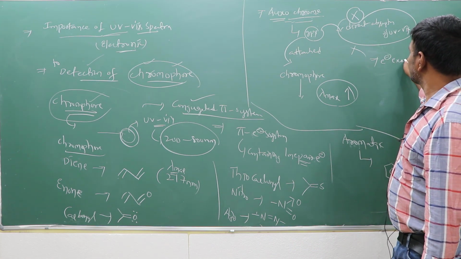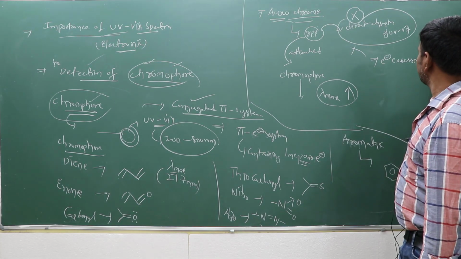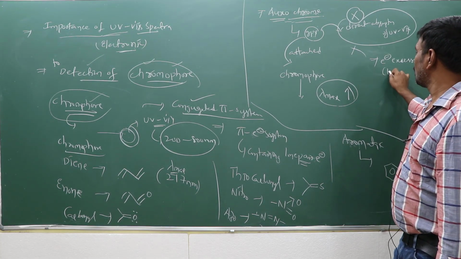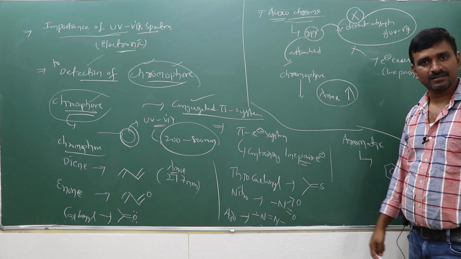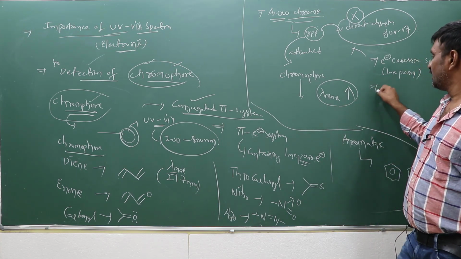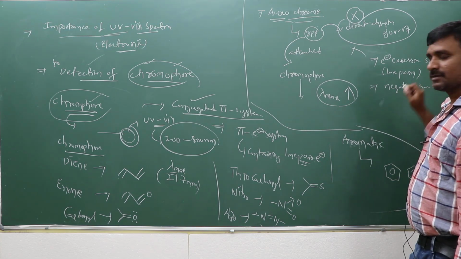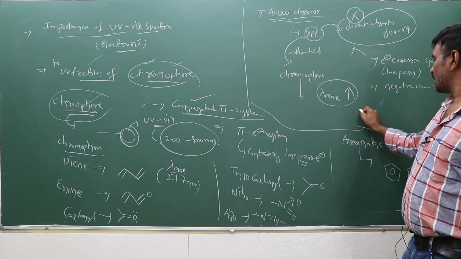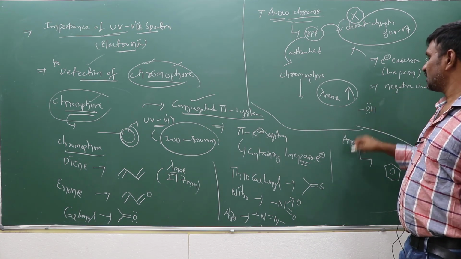Electron excessive groups, electron excessive species, or lone pair electron species, groups having lone pair electrons, or negative charge groups. Suppose OH has lone pairs of electrons.